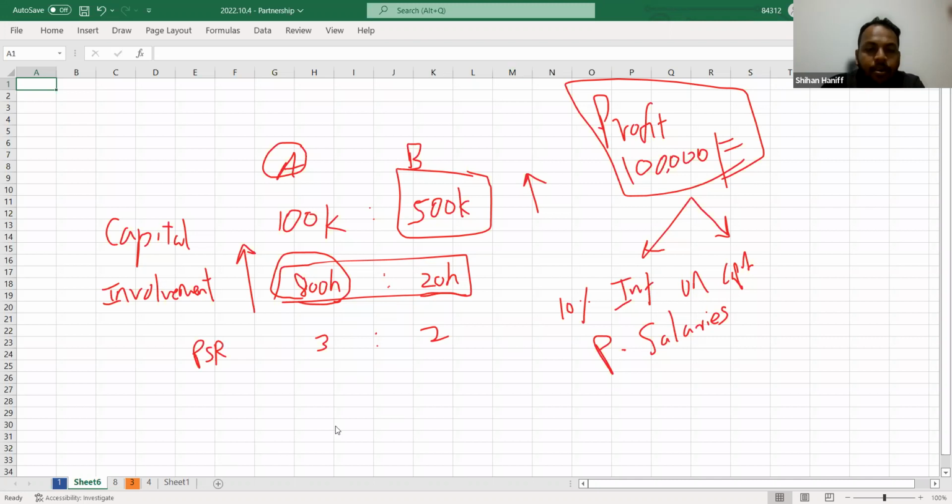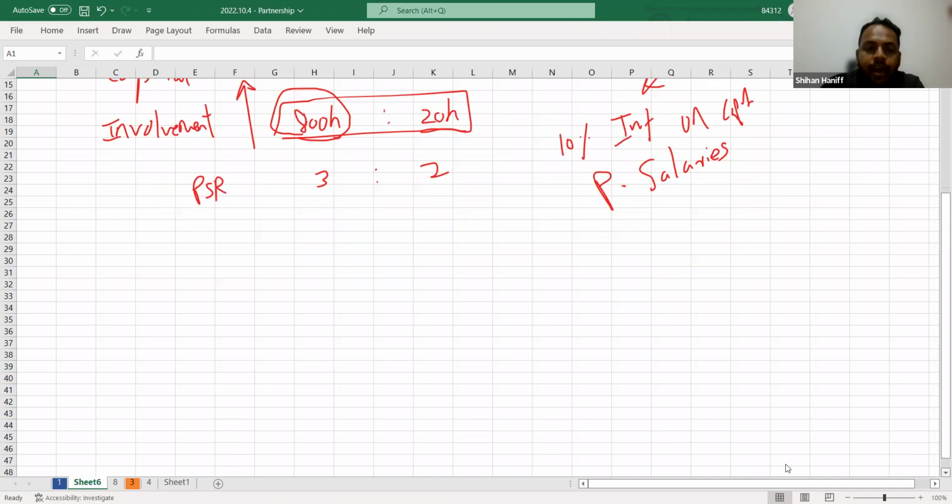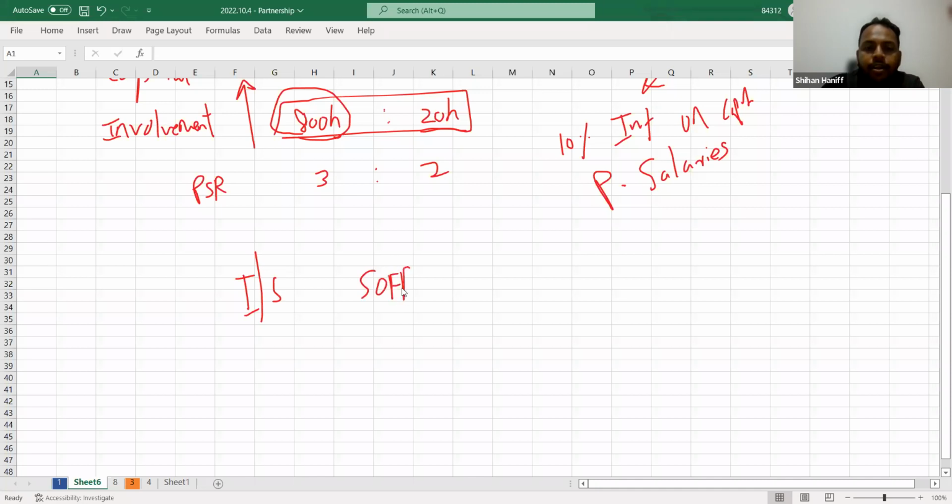Right. And also in partnership, due to this reason, other than the income statement and statement of financial position, we need to prepare another set of accounts. Number one, partners capital accounts. Number two, partners current accounts.